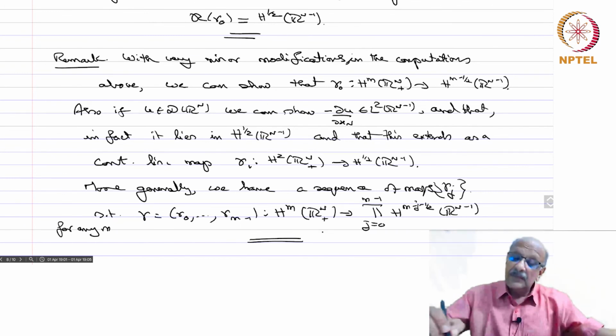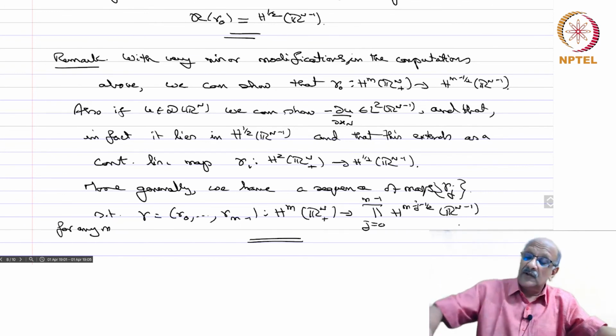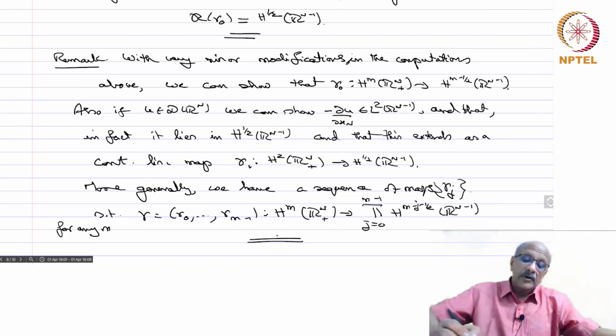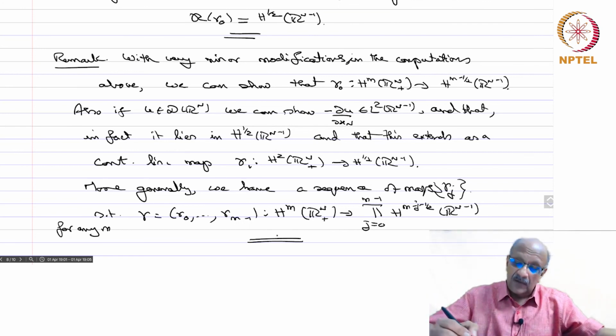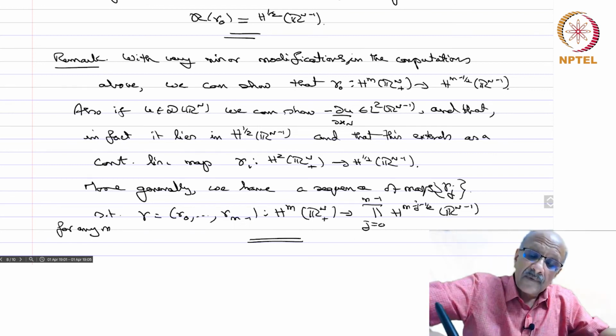Okay, so all this can be done. There are just modifications of the calculations which we have been doing. Our next aim is to look at the kernel of this trace map gamma, and we will see that subsequently.